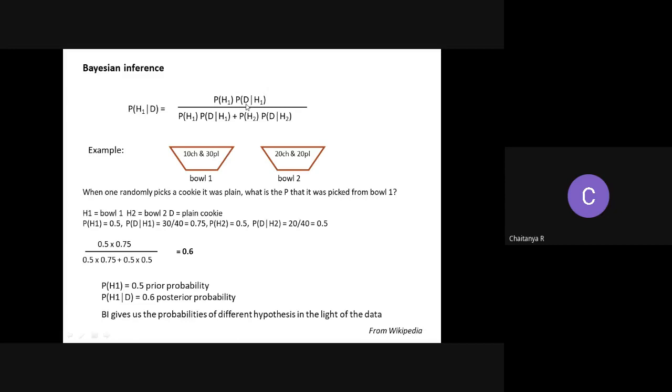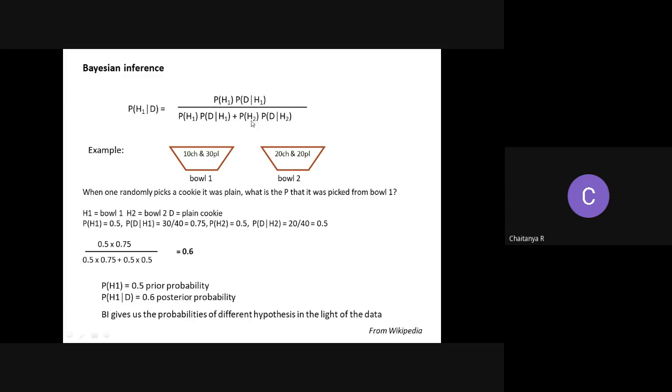And in the denominator, you have the same as the numerator: the probability of hypothesis 1 multiplied by the likelihood of hypothesis 1, plus the probability of hypothesis 2 multiplied by the likelihood of hypothesis 2. Now, this equation assumes that there are only two possible hypotheses for this particular situation. If there are, let's say, 10 hypotheses, you will have to extend this denominator up to 10.